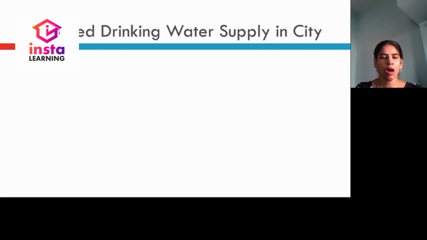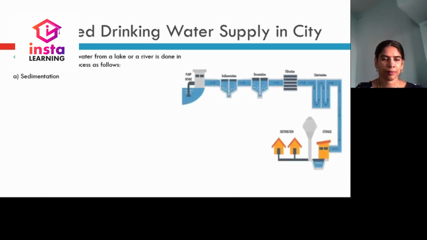Let us learn how purified drinking water is supplied in the city. The purification of water from a lake or a river is done in a step-by-step process as follows. The first step is sedimentation. Here, water from a river, dam or lake is collected in large open tanks.